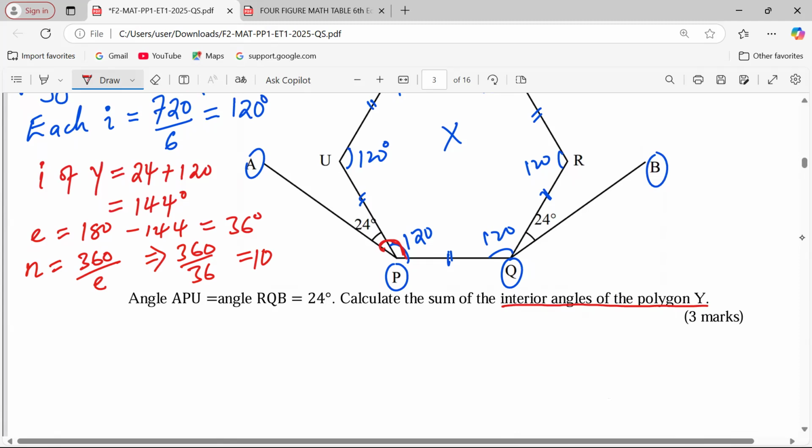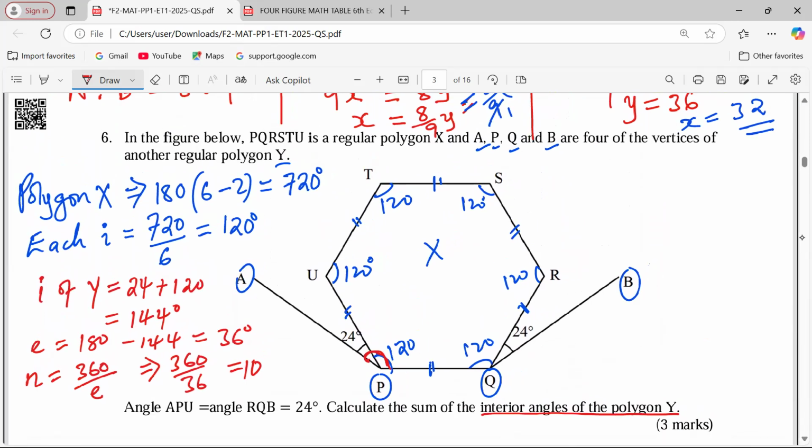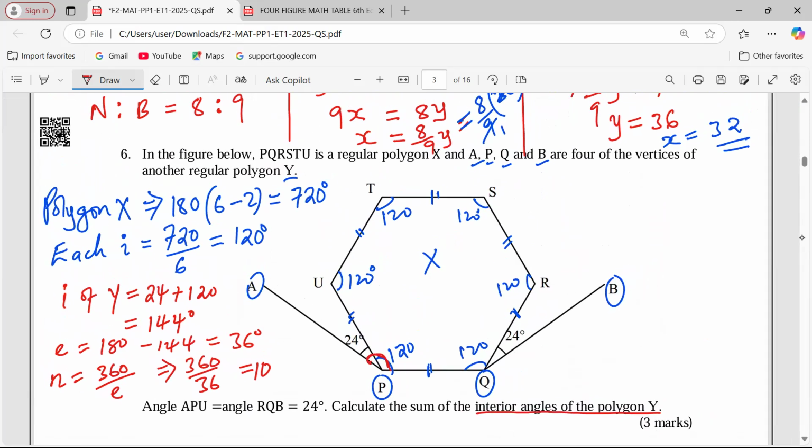Now that we have 10 sides, we can talk about the sum of interior angles, which is given by 180 into (10 minus 2), because the sum has a general formula of 180 into (n minus 2), where n is the number of sides.